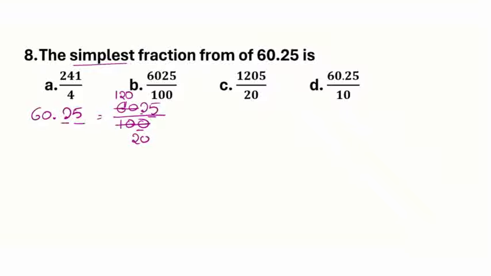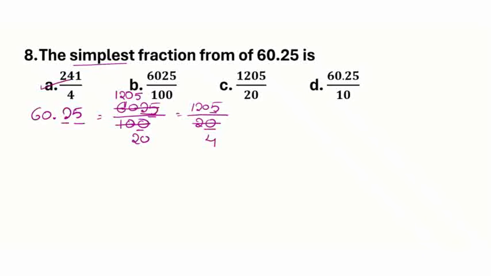Now consider this as 25. 5 fives are 25. So what is the new fraction? 1205 by 20. Again, these numbers end with 5 and 0, means it is divisible by 5. 5 fours are 20. So what we got in the denominator? 4. Only option A has 4. So it's very simple. The answer is option A.